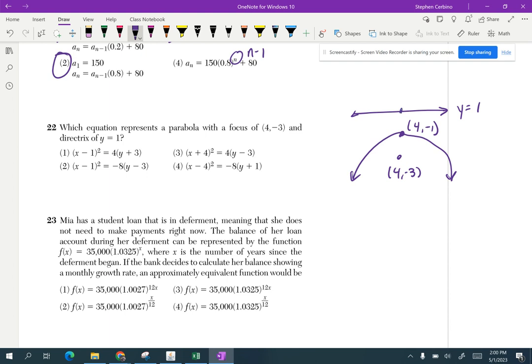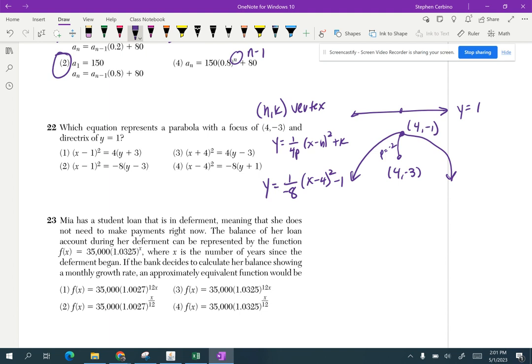So now I want to create an equation that has a vertex at 4, -1. Also, it has a p-value of -2. So the equation is going to be y equals 1 over 4p times x minus h squared plus k, where h comma k is the vertex. So if we create an equation here, we have 1 over -8, because -2 times 4 is -8, x minus 4 squared minus 1.